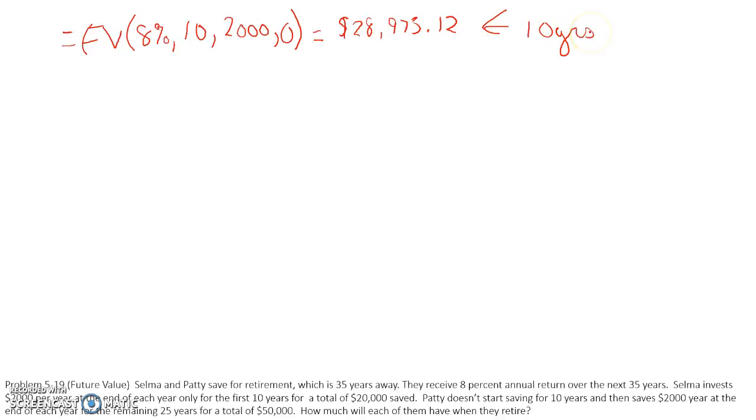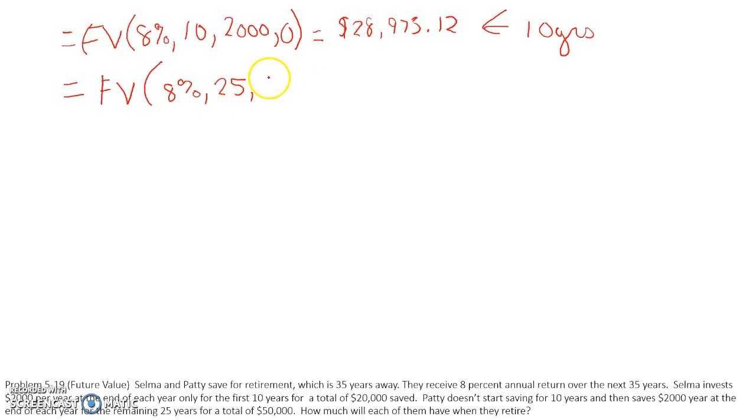Okay, so that's our future value problem, but we want to know how much this is at the end of 35 years total. So that $28,973 becomes our present value. We're still looking at a future value problem. We're still earning 8% interest. Our NPER is now 25 years because we're going to have that $28,973 for another 25 years.